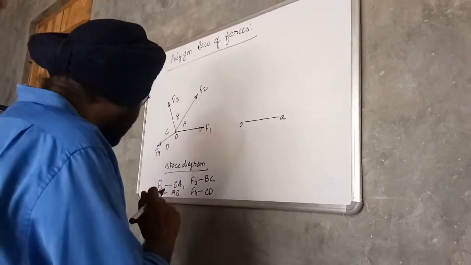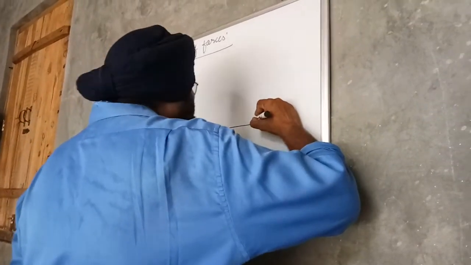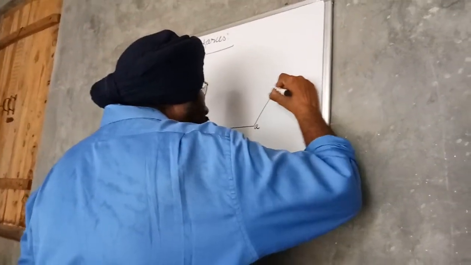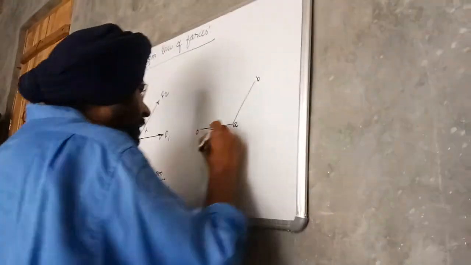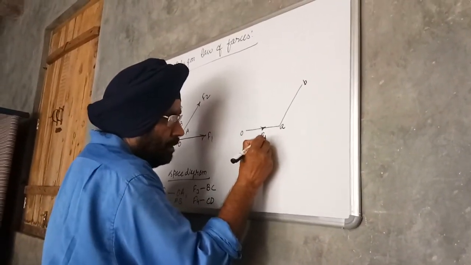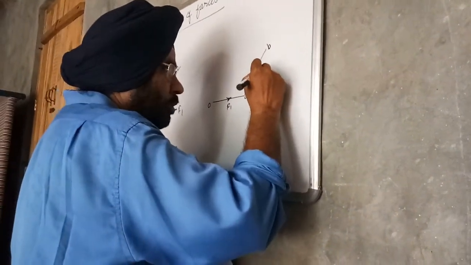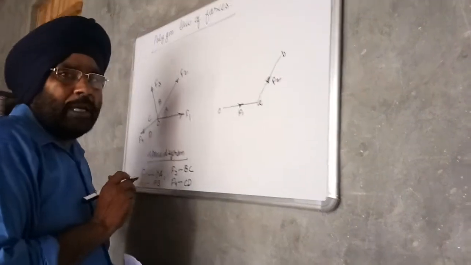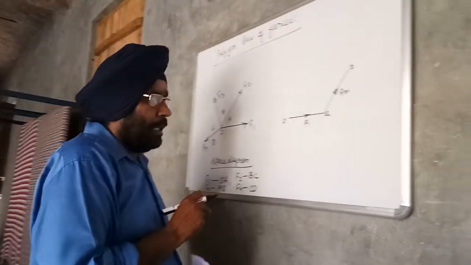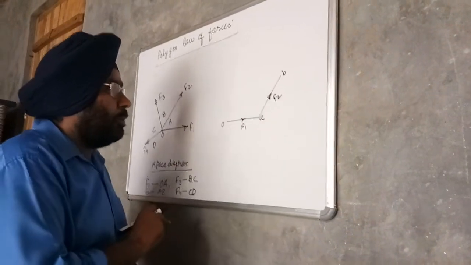Then draw vector AB to represent the force F2. Vector OA represents the force F1 and vector AB represents the force F2 in magnitude and direction. The length of the line gives the magnitude of the force, and the direction of the line gives the direction of the force.